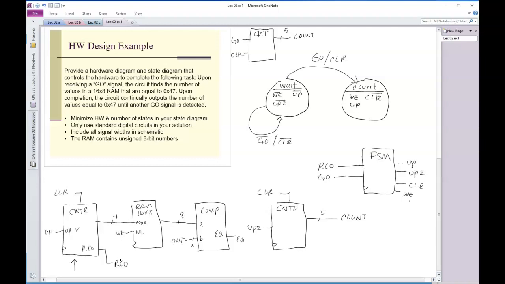But what's interesting here is what to do with the other counter. This counter here increments when I find that numbers are equal, and it's going to indicate that with this output of the comparator.